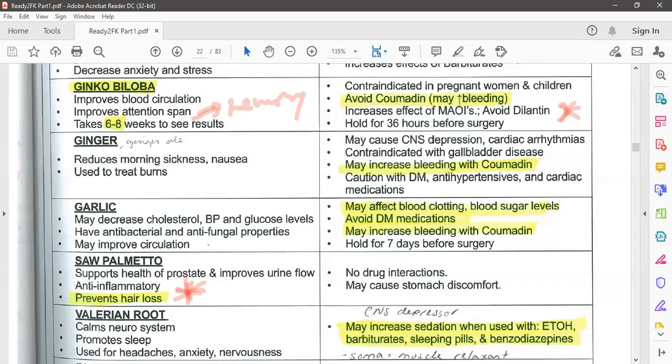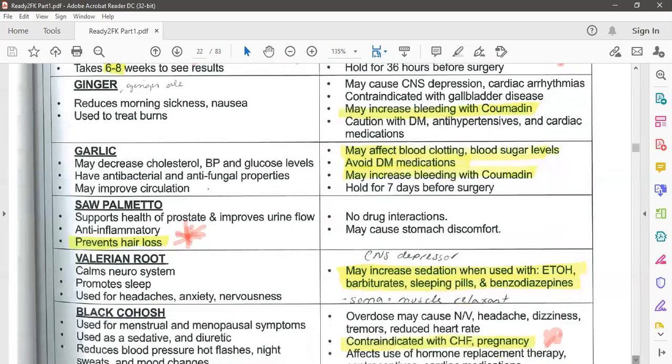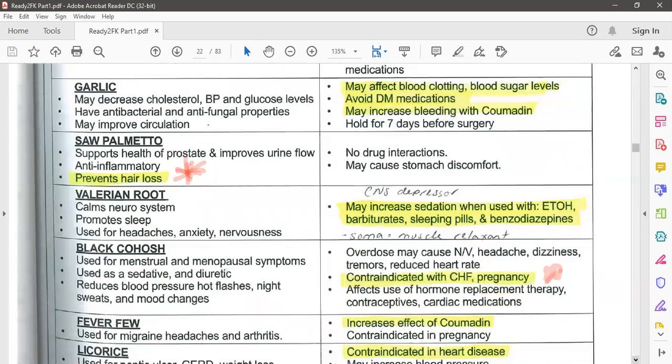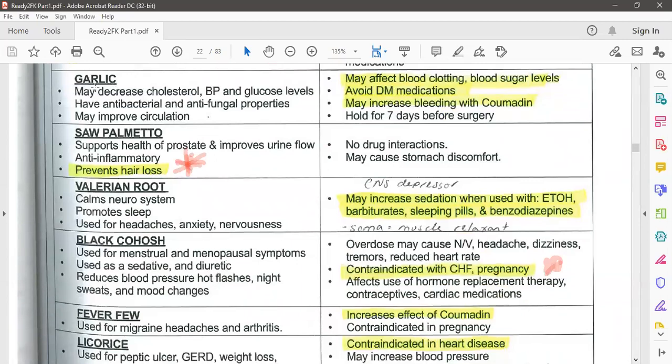Another herbal medication we use is called garlic, right? It is commonly used, garlic. So garlic may decrease the cholesterol, may decrease the blood pressure or blood glucose level. They have antibacterial properties or antifungal properties. Garlic also improves the circulation, right? Again, I want to recap it.